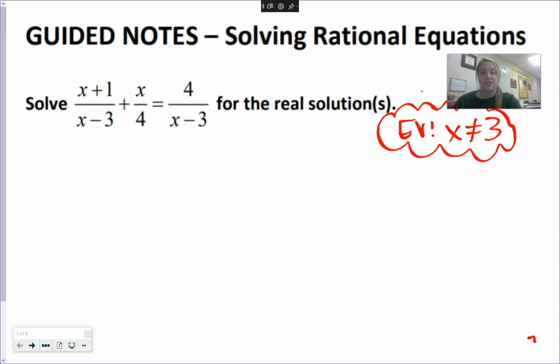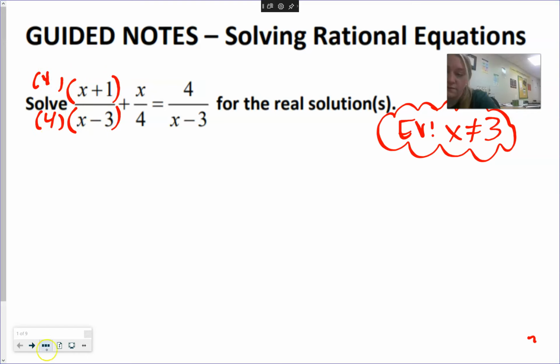Now let's work it out and solve for x. So my denominators are x minus 3 and 4. Well, some of them have the x minus 3, some of them have the 4, so they're missing the other half. So this first one is missing the 4, so I have to multiply all of this by 4. My middle piece is missing the x minus 3. I'm going to write this differently so you can see it better. So this one's missing the 4.